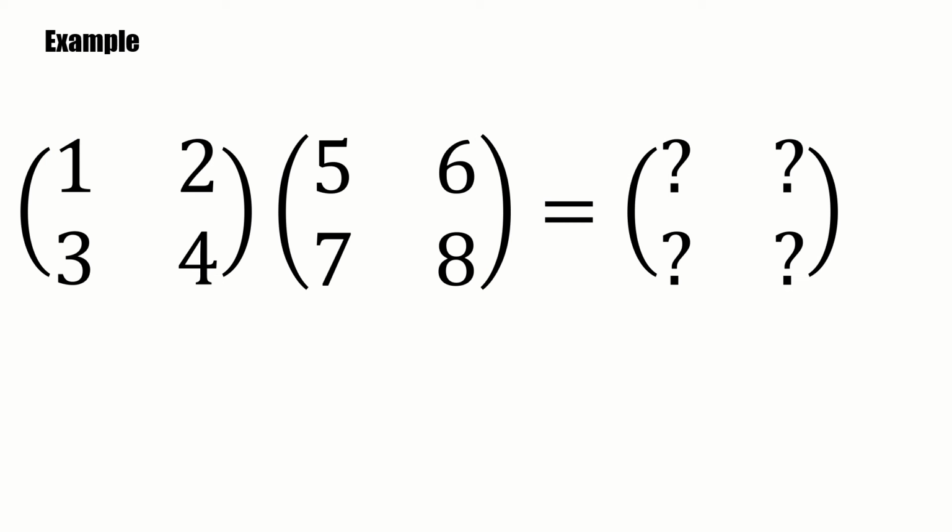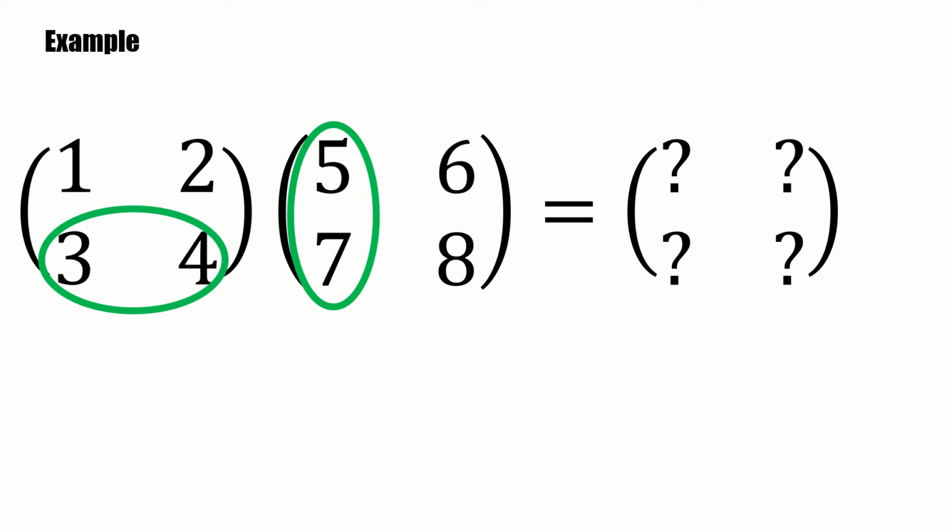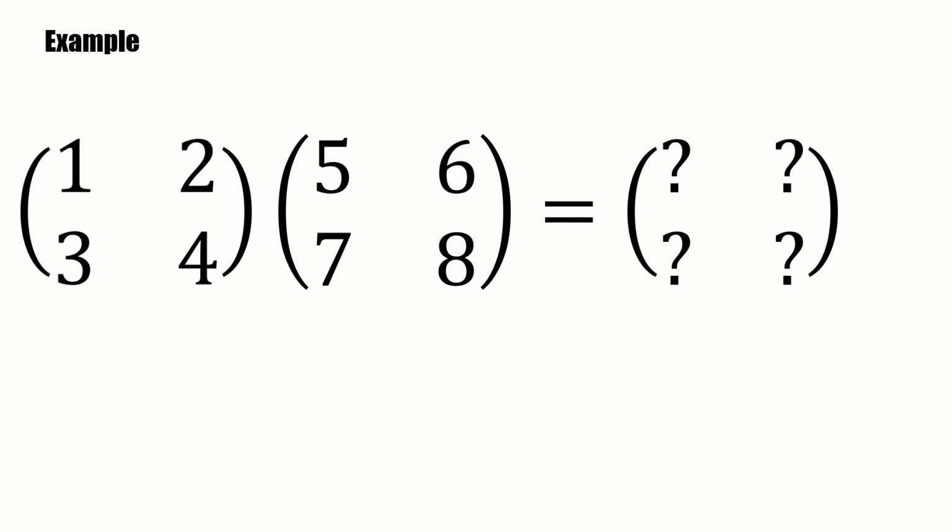Whereas if I'd chosen the second row in the first matrix and the first column in the second matrix, in the answer that would be the number in both the second row and the first column, which, looking at where they overlap, is the number in the bottom left-hand corner. You're going to try all the combinations of selecting rows from the first matrix and columns from the second matrix. That's what leads you to eventually filling in all the numbers in the answer matrix.